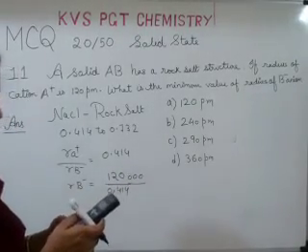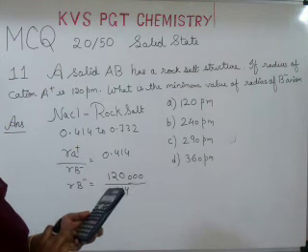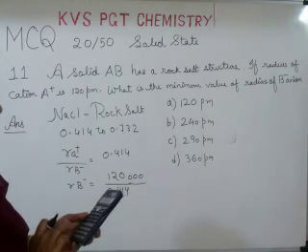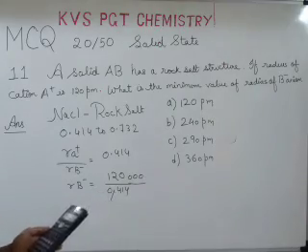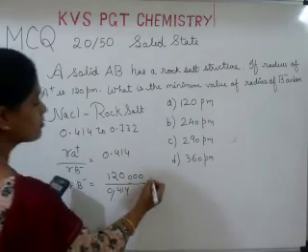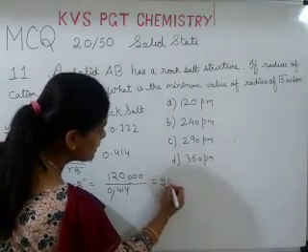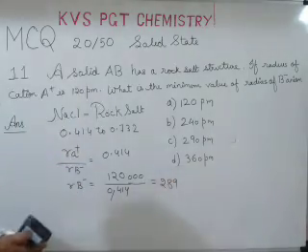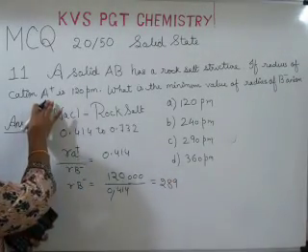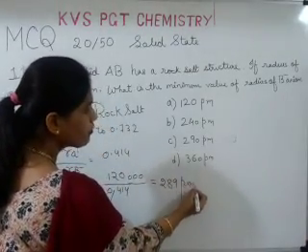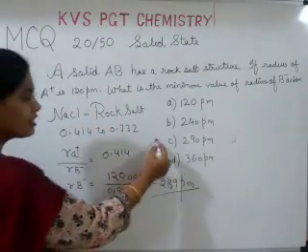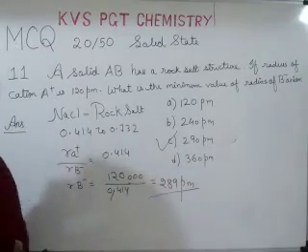Now see, 120 divided by 0.414, you are getting 289. And what will be the unit? See, the unit of the radius of cation is picometer. So here also the unit will be picometer. So the correct answer is C.